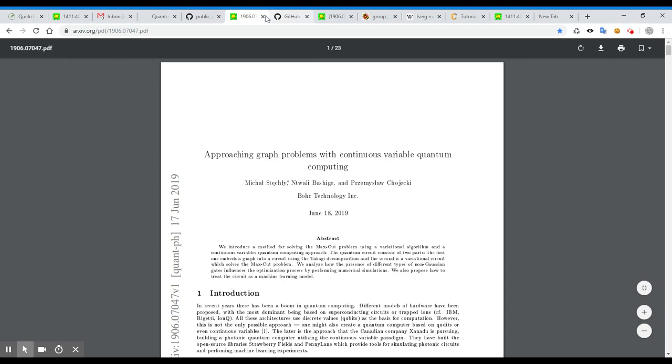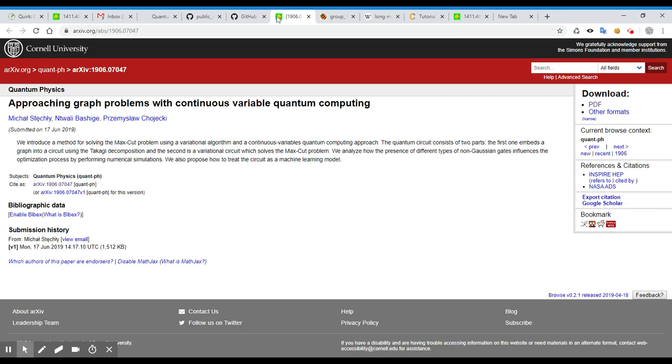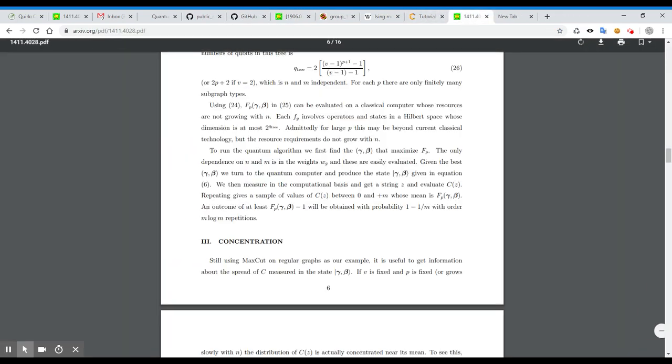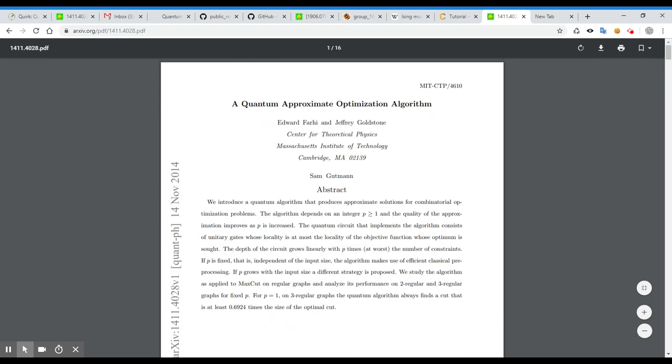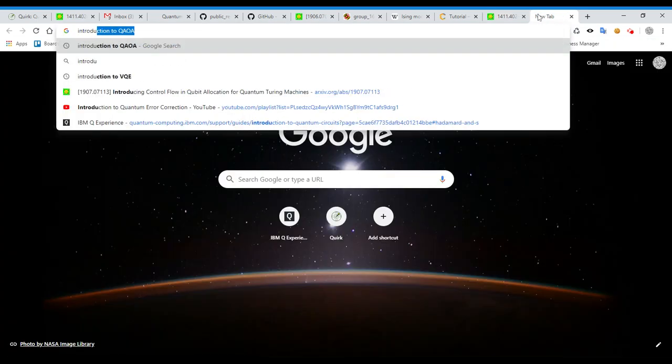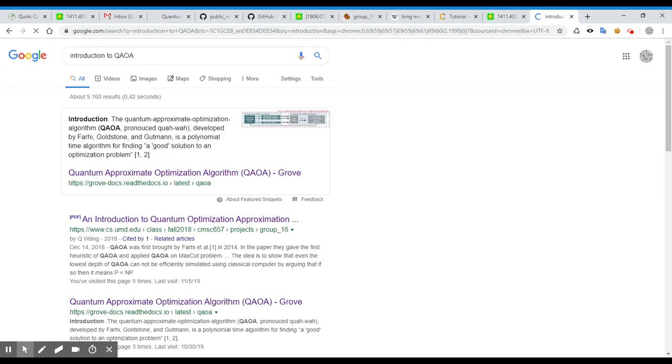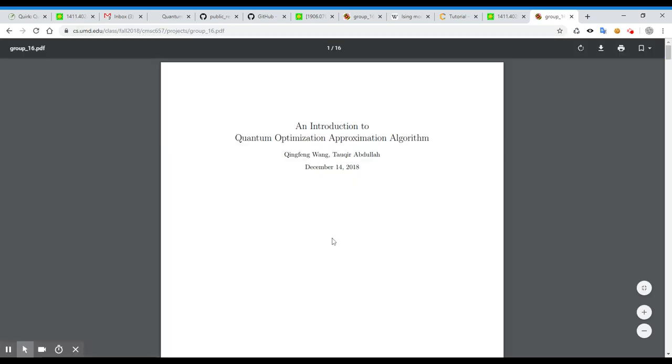No. I think it's this one. No, that's the actual paper from Farhi and Goldstone. I think this is the actual original paper. Damn, that's pretty recent, 2014. It's called Introduction to QAOA, something like that. Yeah, I think it's this paper.